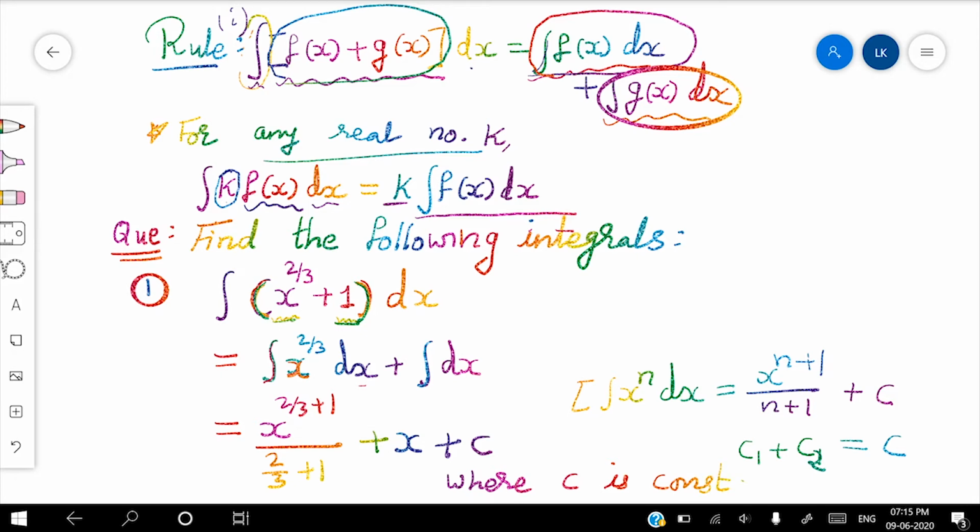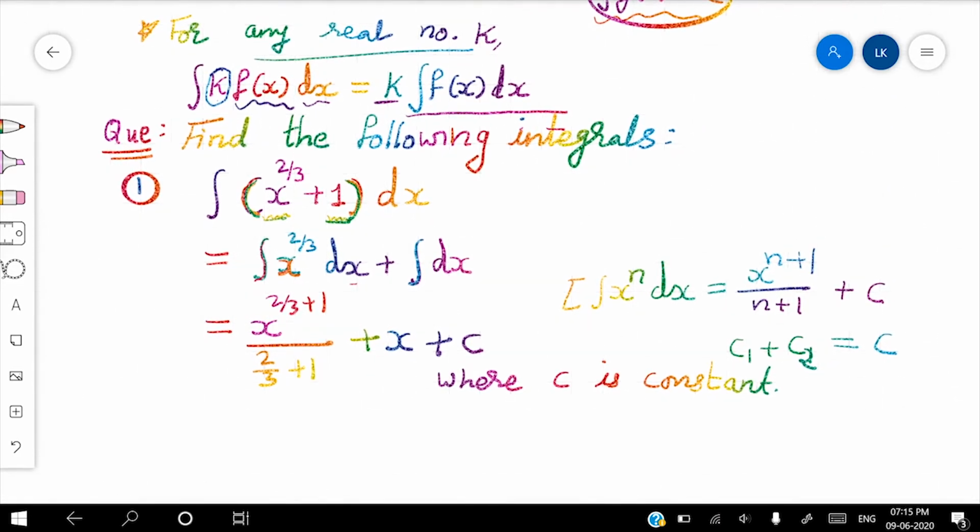Because you know that constant plus constant is again a constant. Now simplify. 2 by 3 plus 1 is 5 by 3. x raised to 5 by 3 upon 5 by 3, and 3 goes to the numerator. Therefore, you can write 3 into x raised to 5 by 3 divided by 5 plus x plus c. This is the answer.